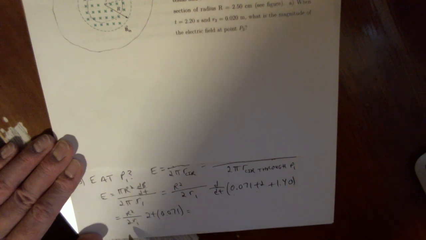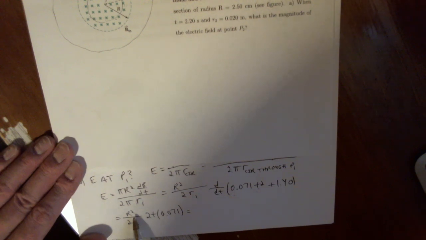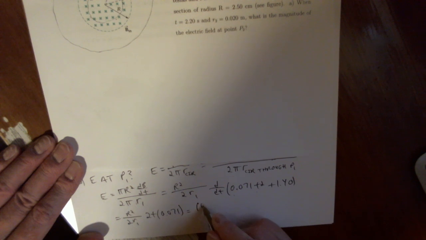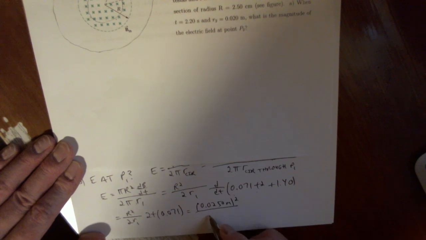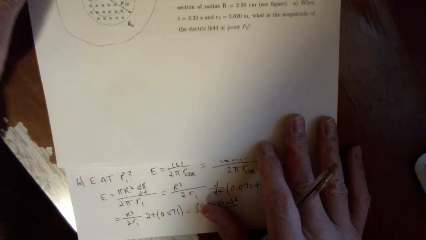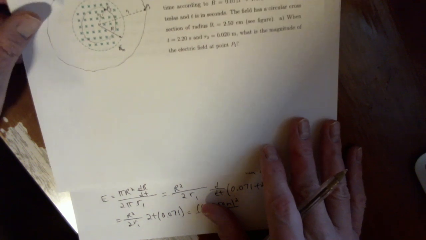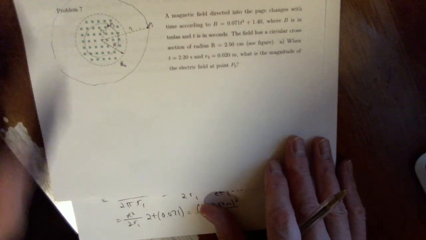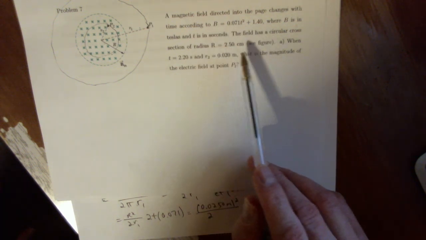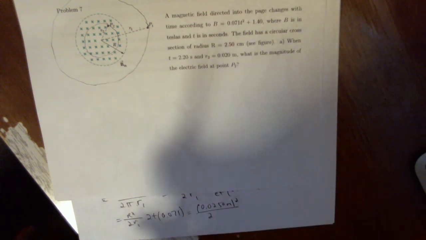So rather than flipping to another page, I'll just continue on this line. Please excuse the poor style. And so R is 2.5 centimeters. So R squared is 0.025 meters squared divided by 2 times R1. R1 is not given, because we don't have that part of the problem.